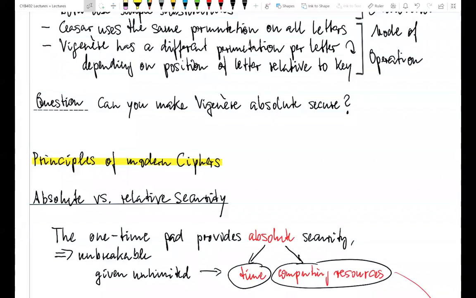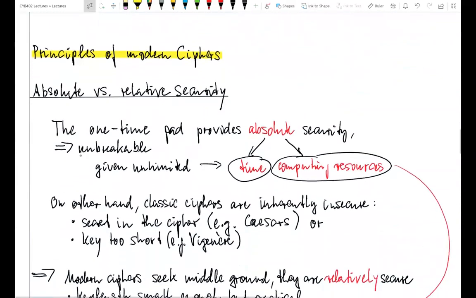So it should be easy for you to convince yourself that if you apply Vigenère that way, with a key as long as the plain text and the bits totally random, then we essentially have transformed the Vigenère cipher into a one-time pad cipher.